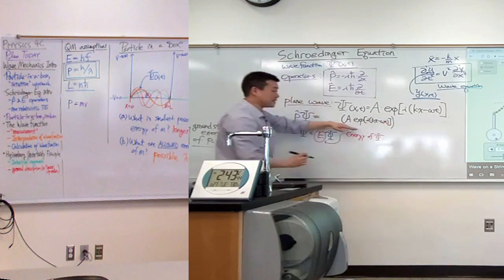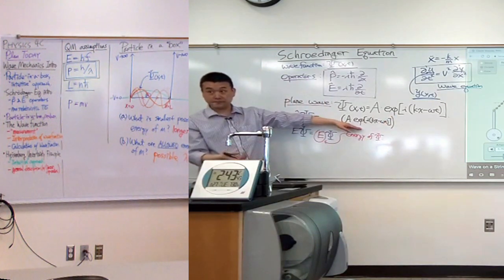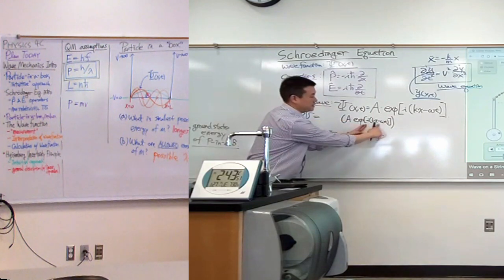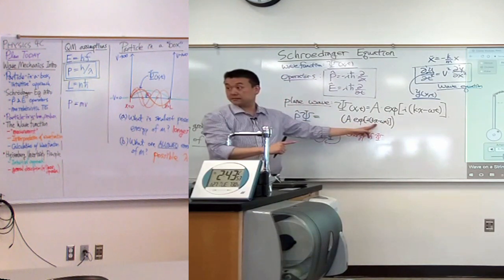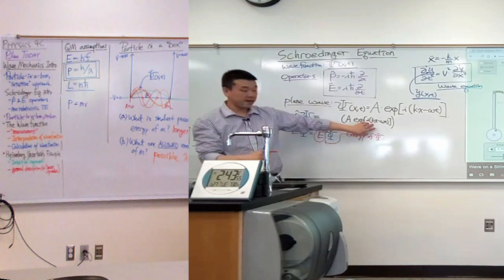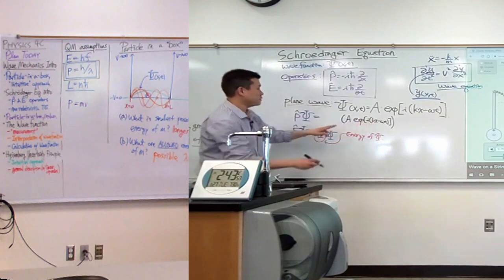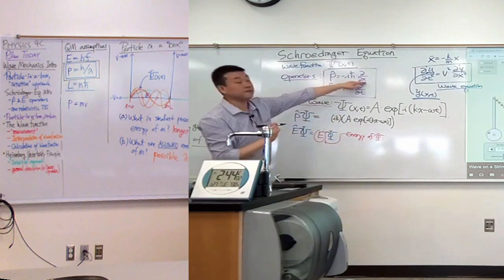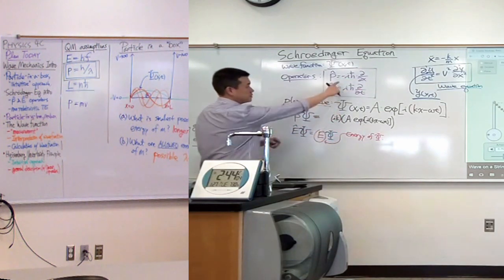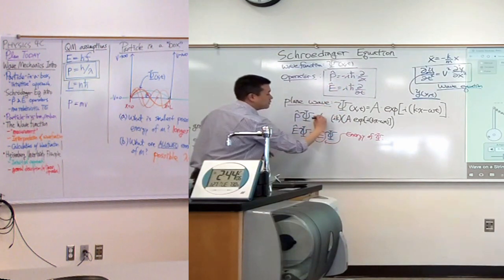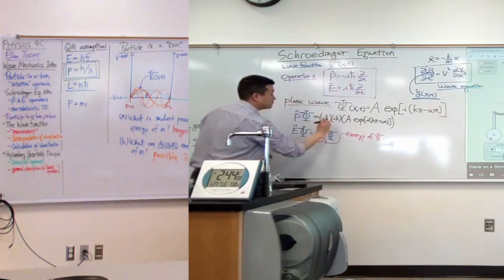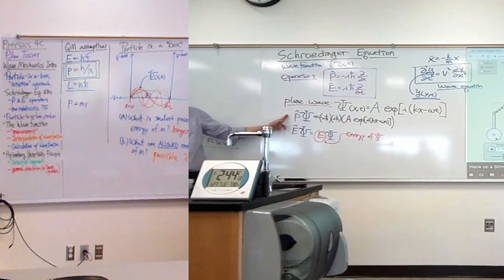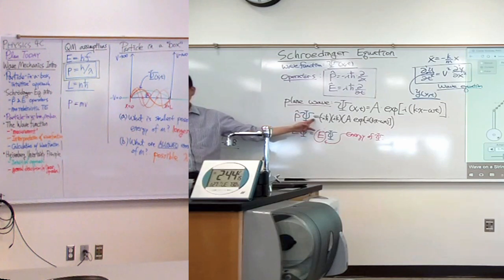That's the derivative of the outside, the unchanged outside. And using the chain rule, I have to take the derivative of this with respect to x. So I get a factor of ik from the derivative. So ik, that's the derivative. Let me finish with this minus i h bar. So this is the result of applying this momentum operator on the wave function.